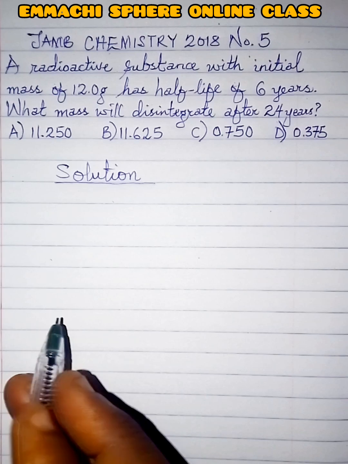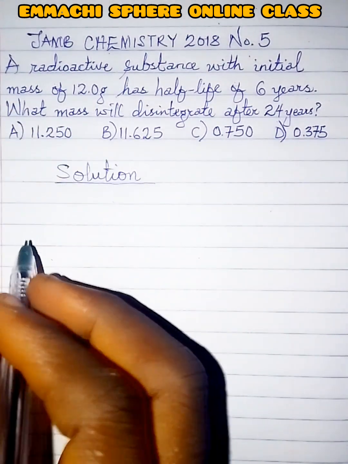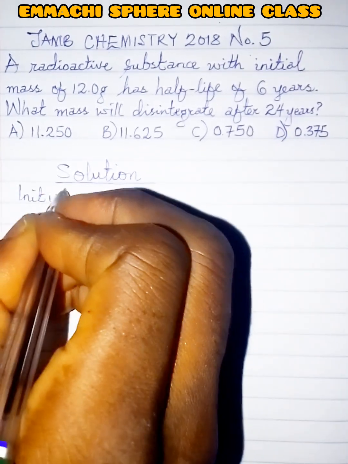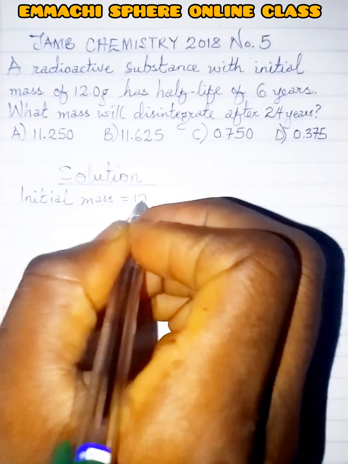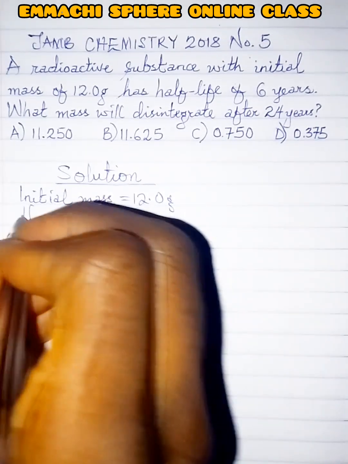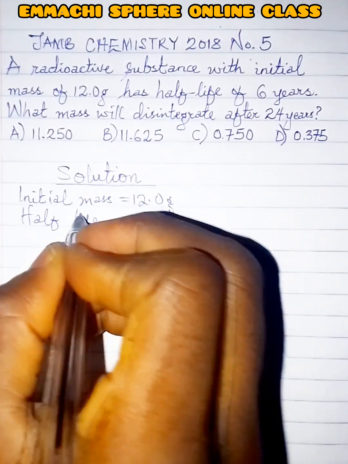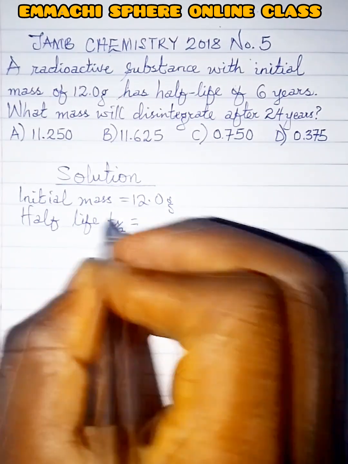The first thing to do is to present the data. Write it down. So from what is here, the initial mass is given as 12.0 gram. The half-life is also given as 6 years.